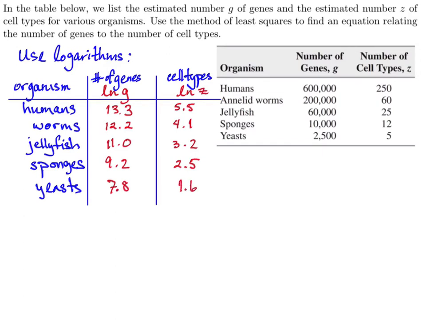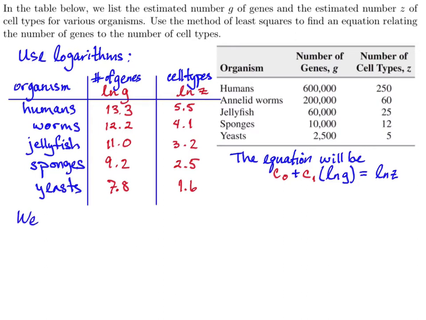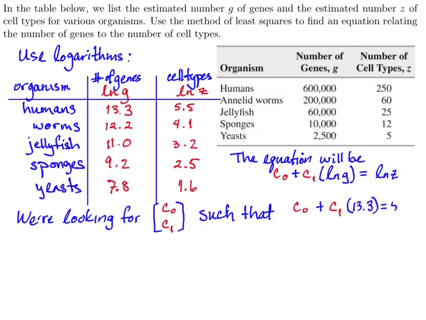All right. So now let's set up the equations. We're going to use C0 plus C1 times the natural log of G is equal to the natural log of Z. Instead of G and Z, we're just using their natural logs. So we're looking for the unknowns C0 and C1, and the equations we get are these.